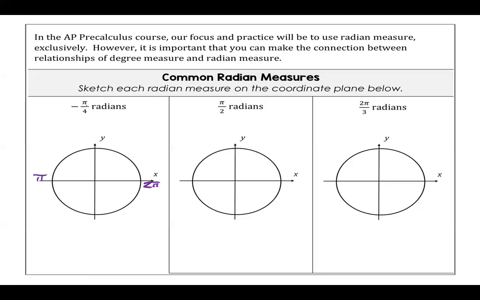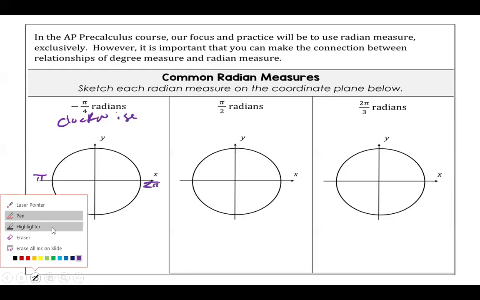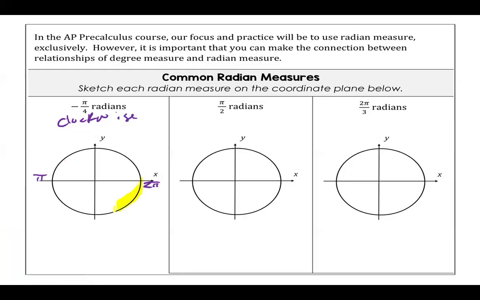If I am at negative pi over 4, that means that I rotated clockwise. The negative tells me I went clockwise, right? This is telling me that I'm taking my pi, going clockwise, and dividing it into what? Fourths. So if I take my pi and go clockwise, so we're going this way, that's our rotational direction.